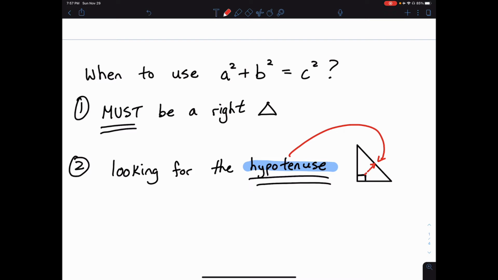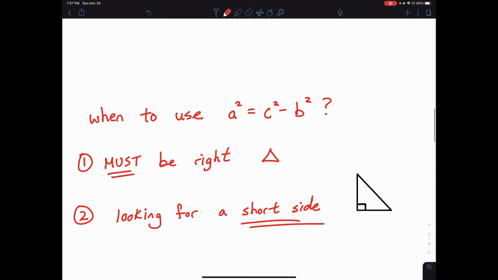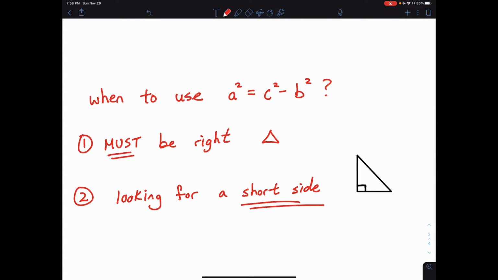We can rearrange this equation into a minus equation, like this. So when can we use this one here, where a squared is equal to c squared minus b squared? Well, step number one, you must make sure once again that it is a right triangle. And number two, that you're looking for a short side.